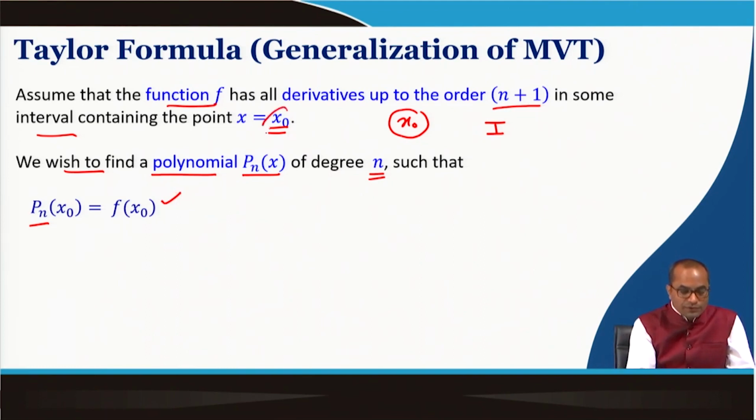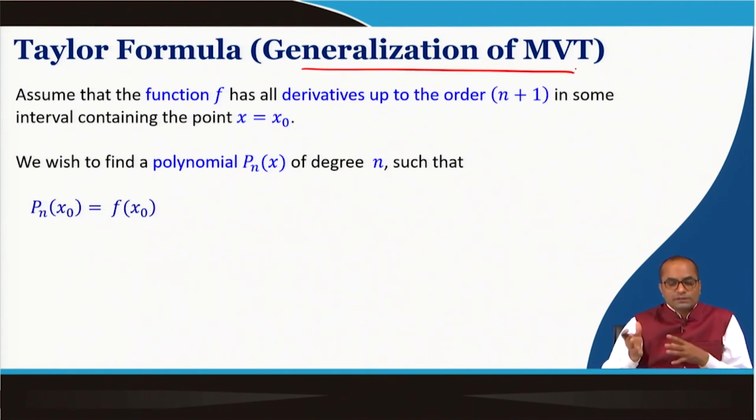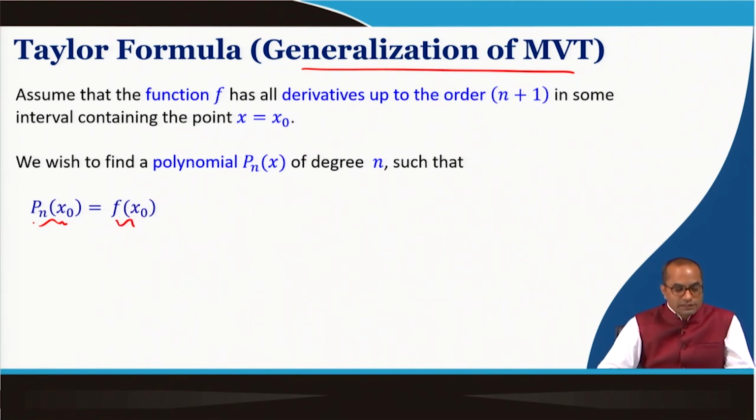Therefore, this x naught point is important, and we will discuss more a little later on this, and how this is a generalization of the mean value theorem, that will also be discussed in this lecture. So now the idea is that we want to construct a polynomial of degree n which has the value at this x naught point equal to the function value at x naught point. That is the one condition.